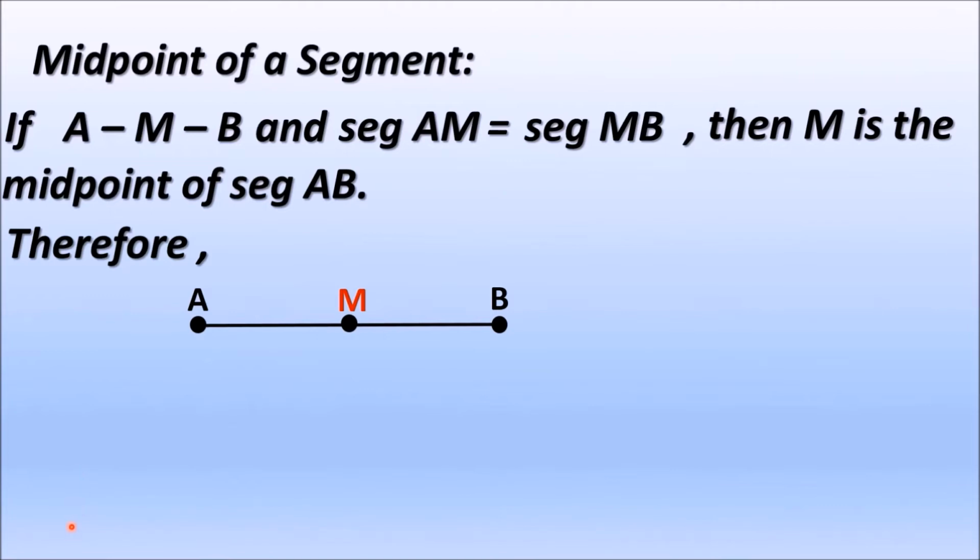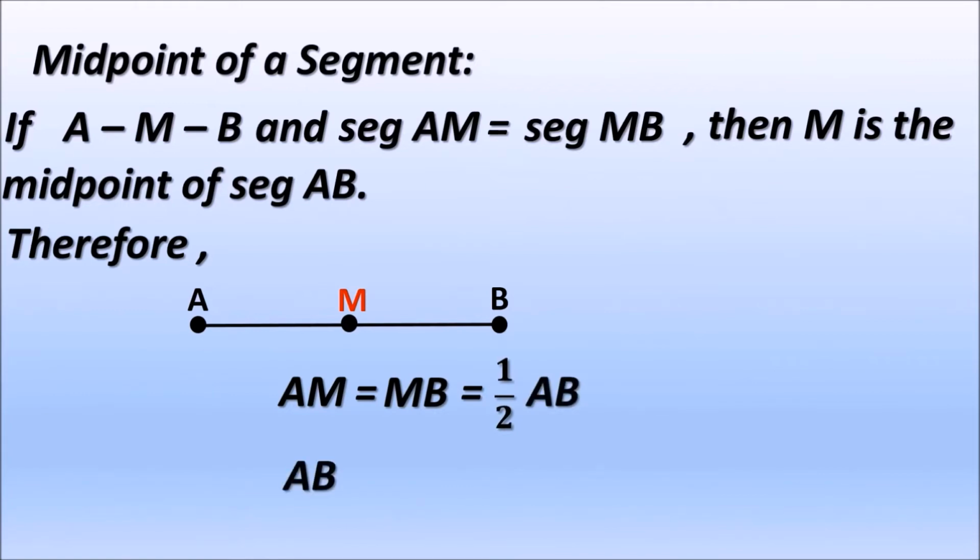What do you mean by this statement? It means AM and MB are equal and each equal part is half of segment AB. Or you can say that AB is 2 times AM, or AB is 2 times MB.